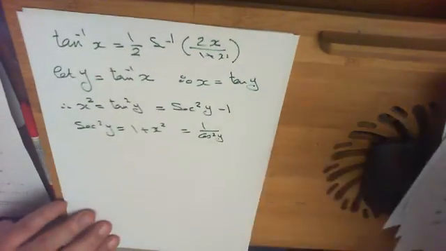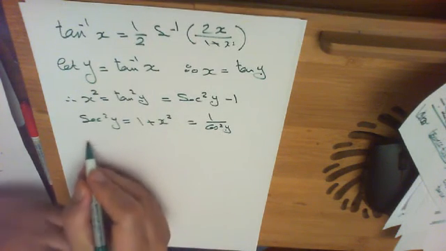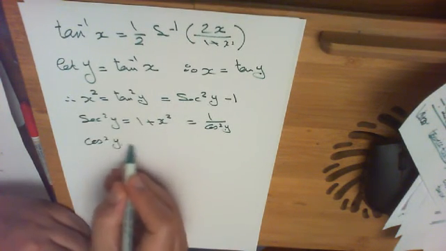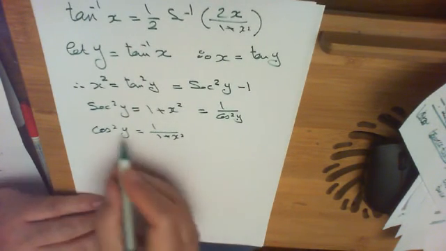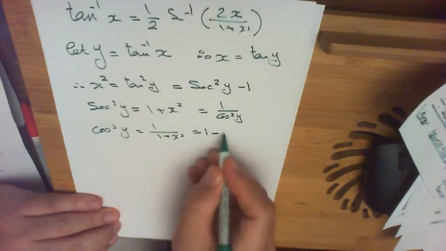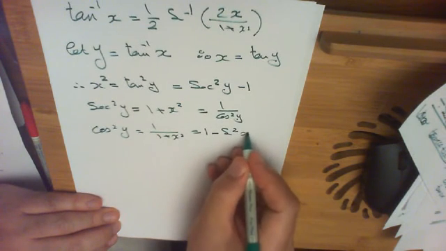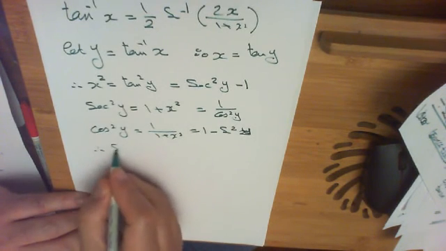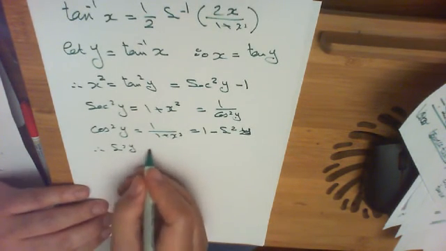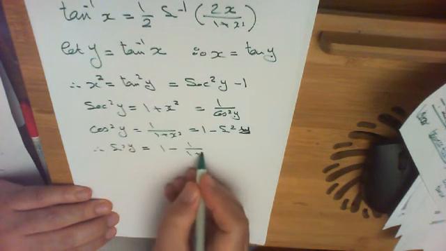So it is a very simple relation. Therefore, cosine squared y is 1 over 1 plus x squared, right? But cosine squared is 1 minus sine squared. So sine squared y equals 1 minus 1 over 1 plus x squared.